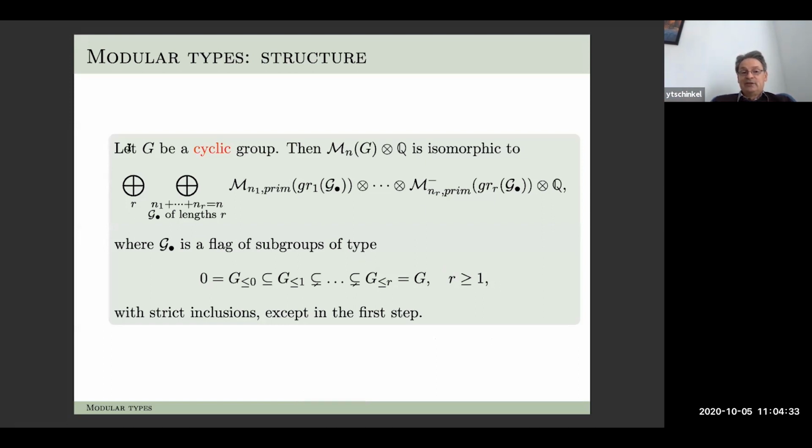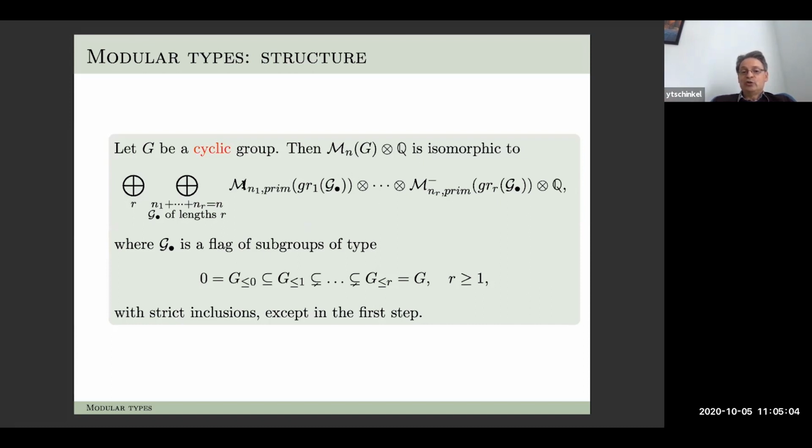What we proved then is that if you have a cyclic group, then the Q vector space Mn is isomorphic to the sum of all these primitive pieces. The sum is over all flags: first over the length of a flag, and then over all flags of this length. You look at the compositions of your n into all possible n1 plus ... plus nr.